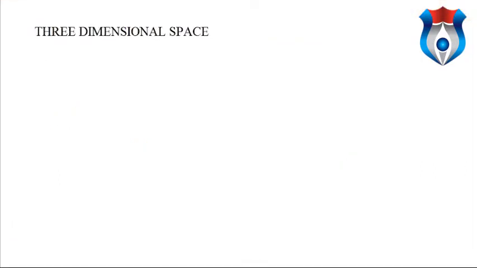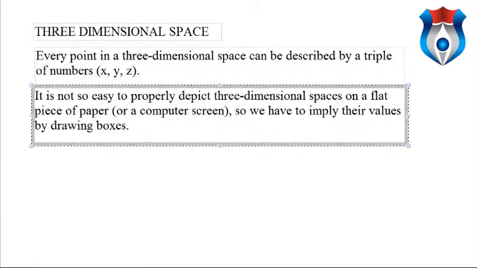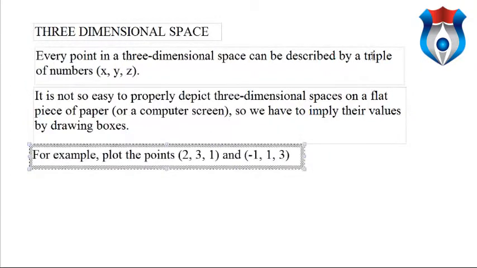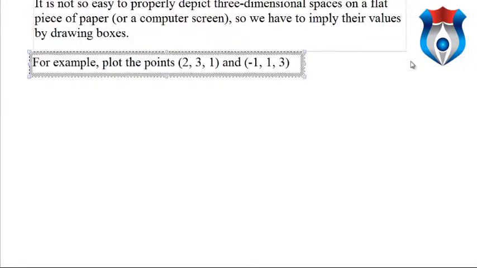We've talked about one and two dimensional spaces. Let's talk about three-dimensional space. Every point in a three-dimensional space can be described by a triple of numbers, x, y, and z. Now, it's not so easy to depict a three-dimensional space on a flat piece of paper or a computer screen, so we have to imply their values by drawing boxes. I'll show you what I mean. For example, let's plot the points (2, 3, 1) and (-1, 1, 3).